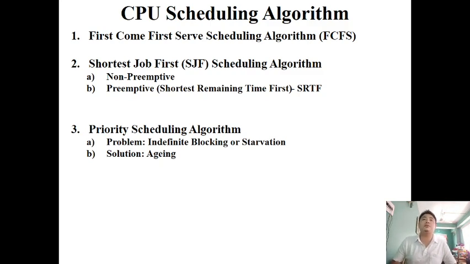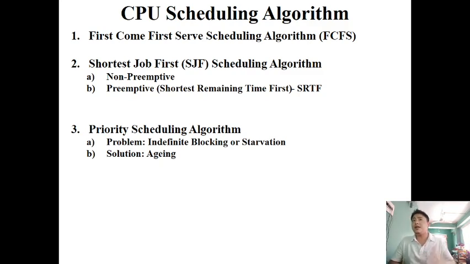Say, for example, initially the priority of a particular process is 5, then next time it will become 4, then 3, and like that. As time progresses, the priority is increasing, which means that at some point later, the process will definitely get a chance to execute. So that is known as aging.